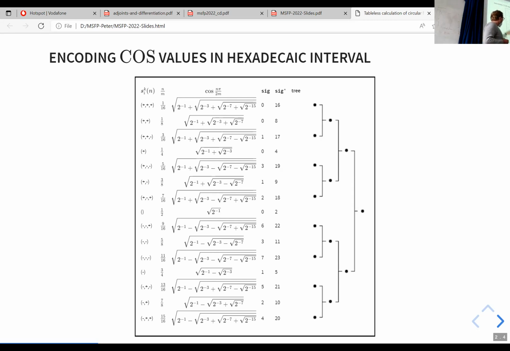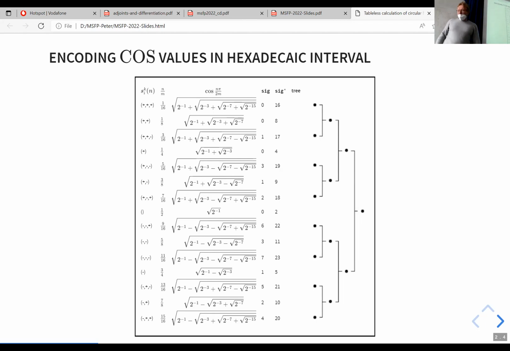Obviously, the values that you see here are monotonically decreasing from top to bottom, because it's a cosine. So at the top you will see all pluses, and at the bottom you won't see all minuses, because every time you have a minus and a minus, then the value becomes larger actually.